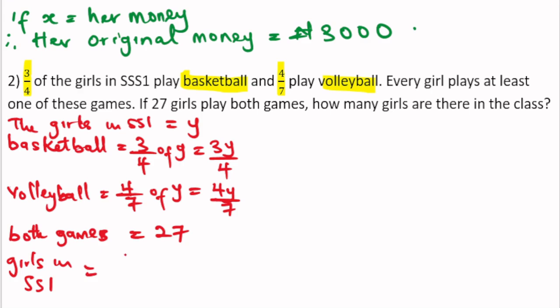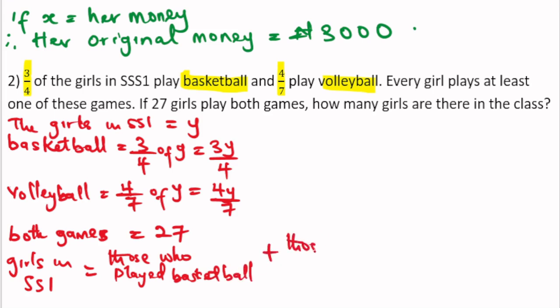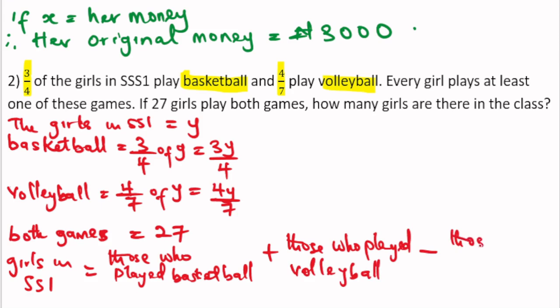equal to those who play basketball plus those who played volleyball minus those who played both.